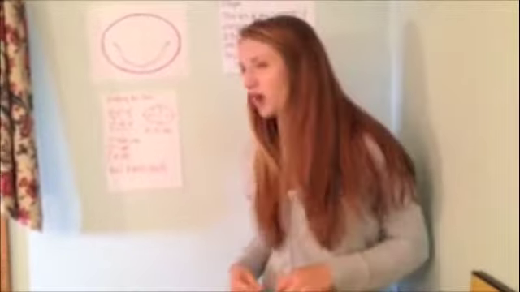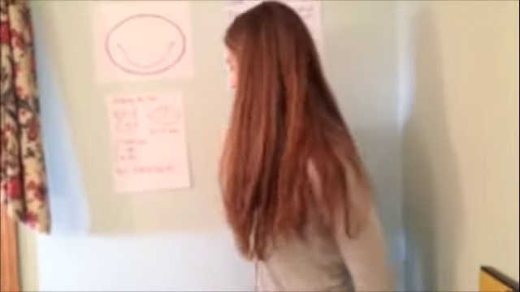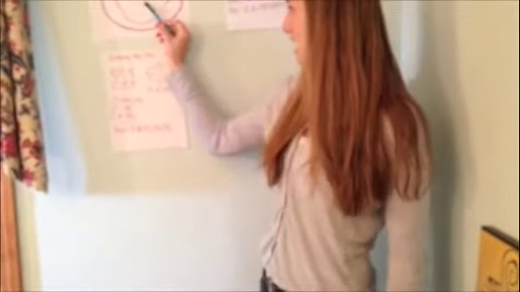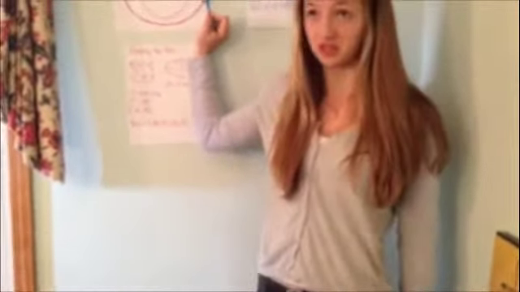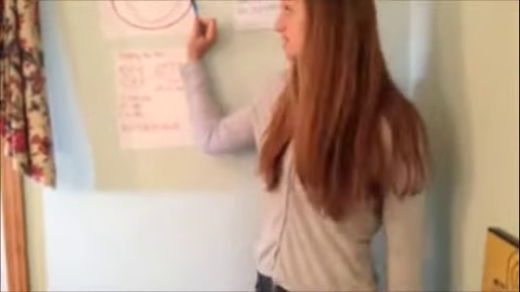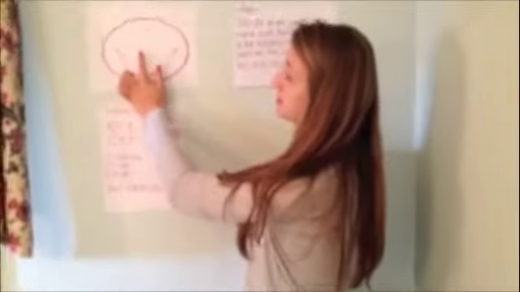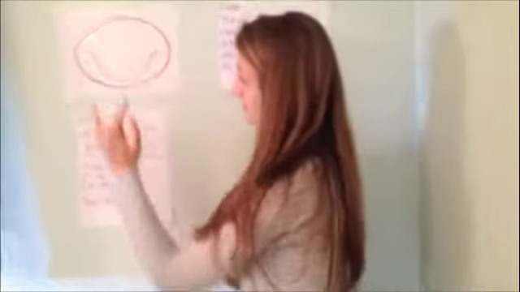In order to find the foci, one has to first know that a, the semi-major axis, is equal to the hypotenuse of a triangle with legs of the semi-minor axis and the distance from the center to the foci.